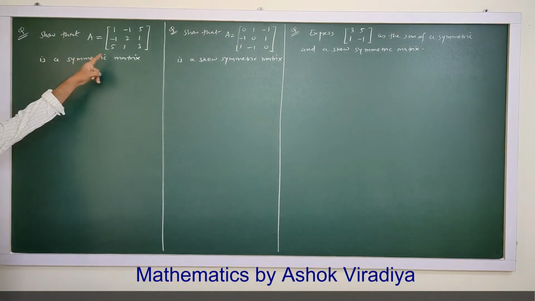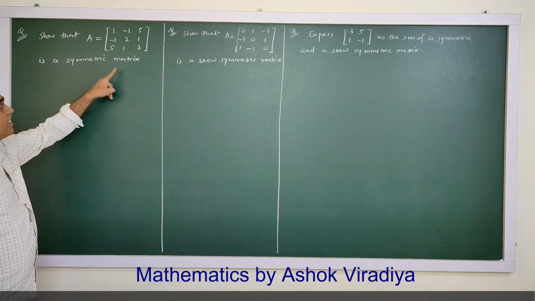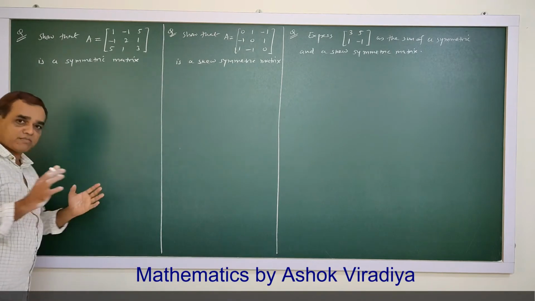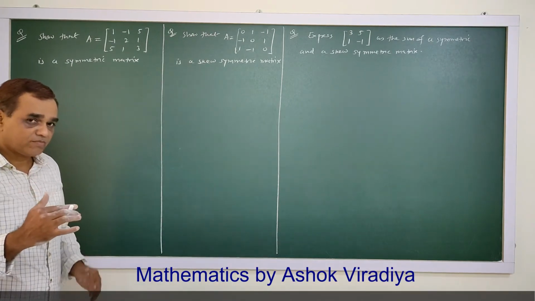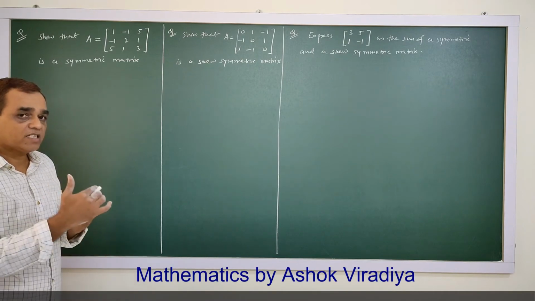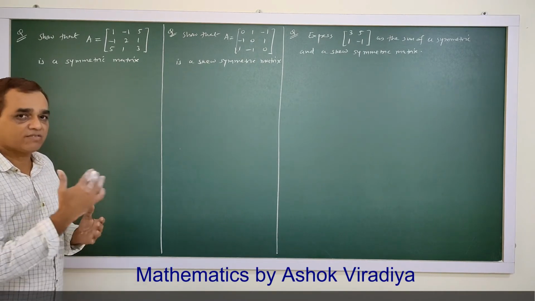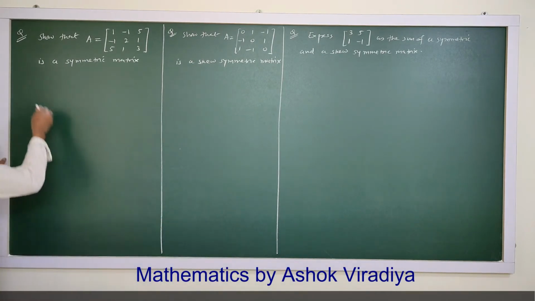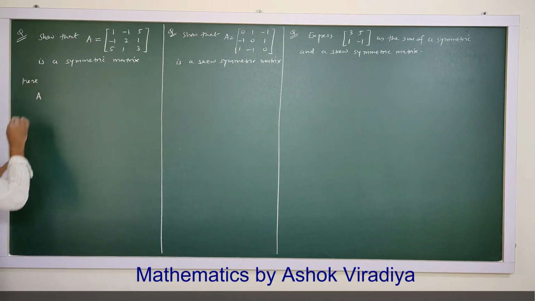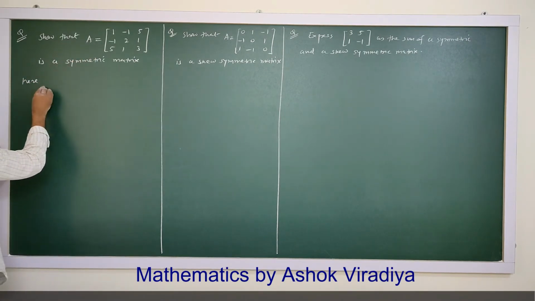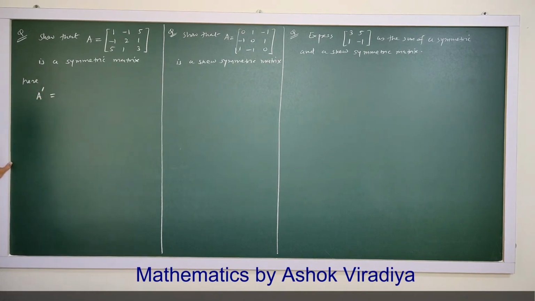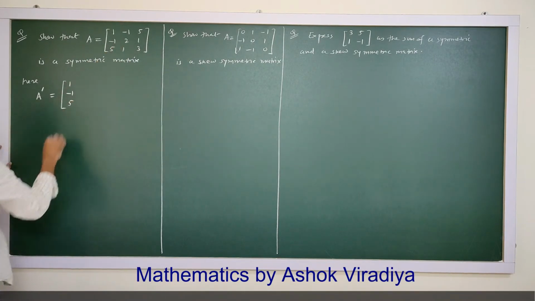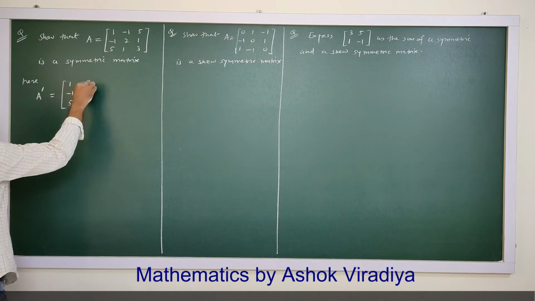Show that this matrix is a symmetric matrix. To show any matrix is a symmetric matrix, by definition, we have to prove that the transpose of A is equal to A itself. Then it is said to be a symmetric matrix. So here we find the transpose. First row is first column. Second row is second column.